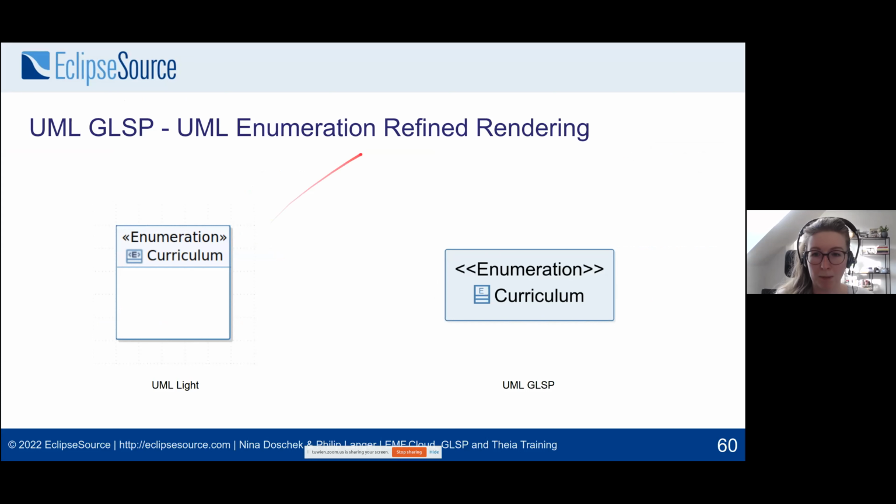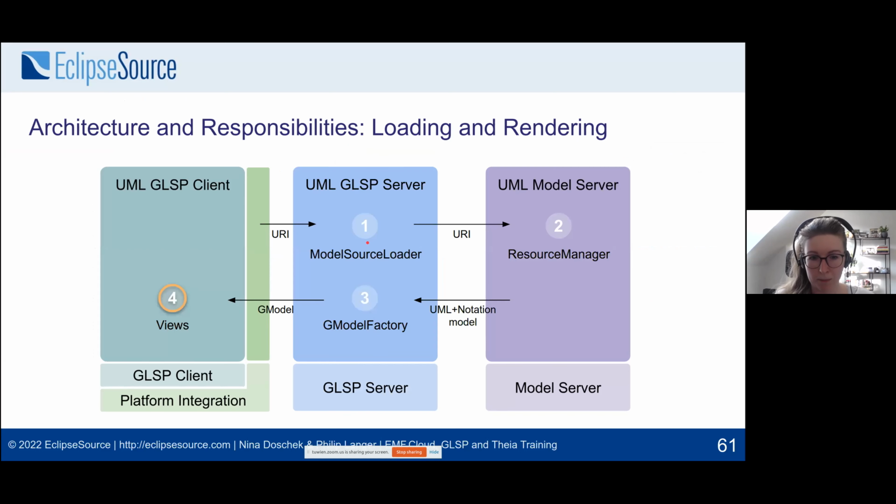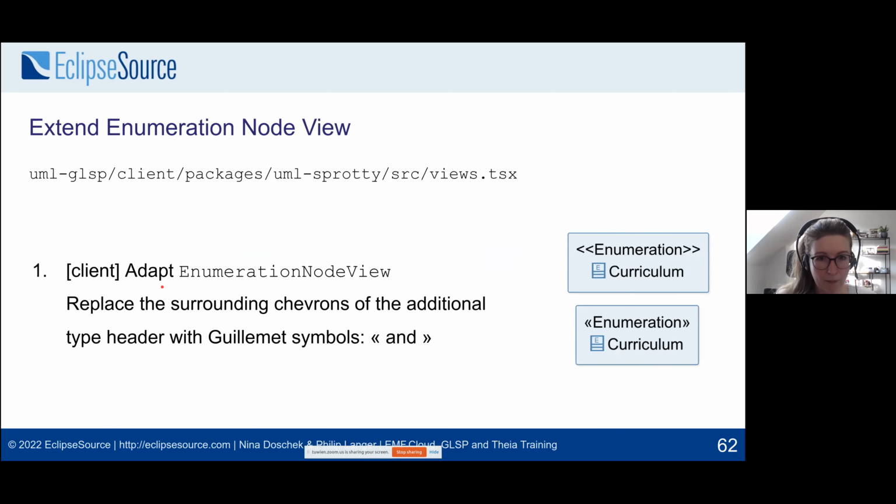Almost. So I can show you now, let me rephrase it a little bit. We just adapted now the creation of the G model, and now we can take a look if it's also possible to change the view a little bit more on the client.